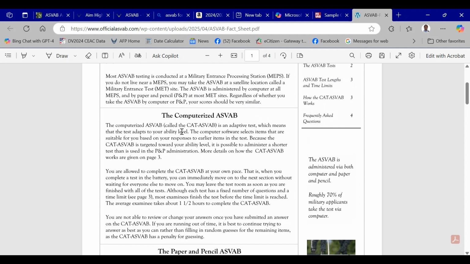With this one, the more you score, let's say there is a hard question and you got that, then the next one will be harder than the last one. You see? Adaptive test, which means that the test adapts to your ability level. The computer software selects items that are suited for you based on your responses to earlier items in the test.